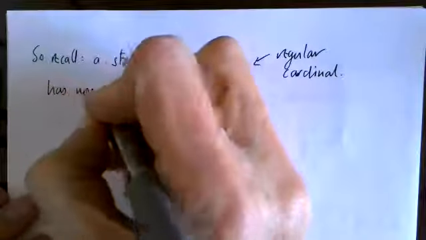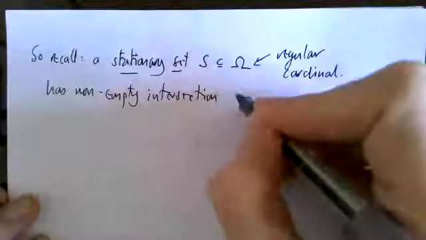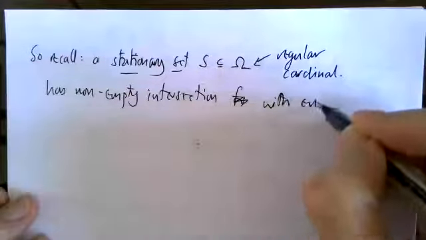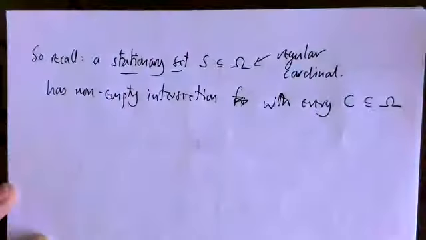This is a set that hits all closed unbounded sets, so it has non-empty intersection with every C contained in omega which is CUB.